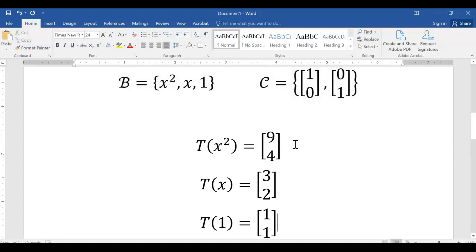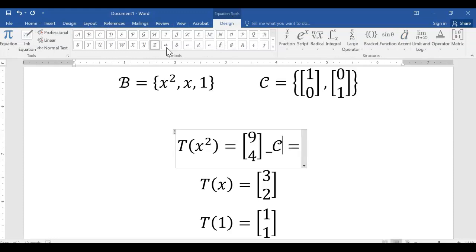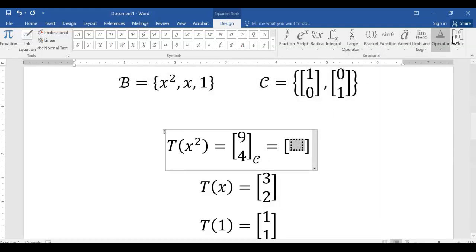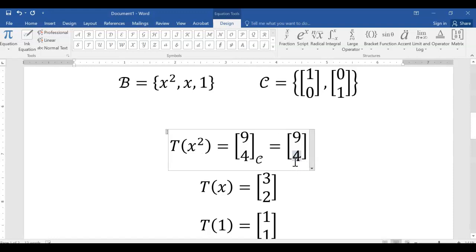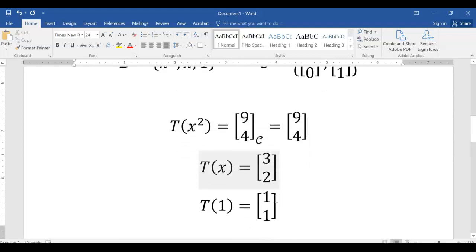That's the nice thing about using the standard basis, that 9, 4 with respect to basis C is in fact just 9, 4. Okay, so that's why we like using the standard basis. Right? It's just 9 times this first one, 4 times this second one, add them up. Okay, so we get 9, 4, 3, 2, 1, 1.